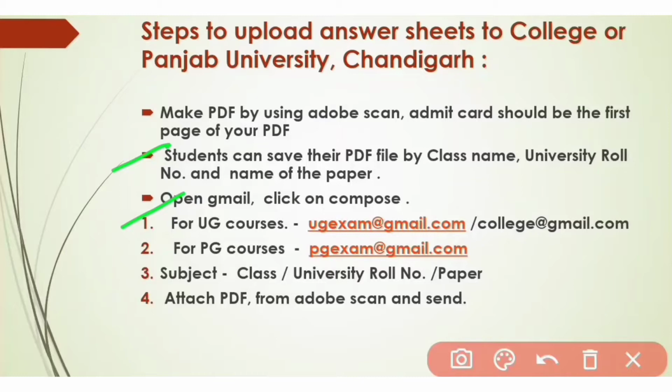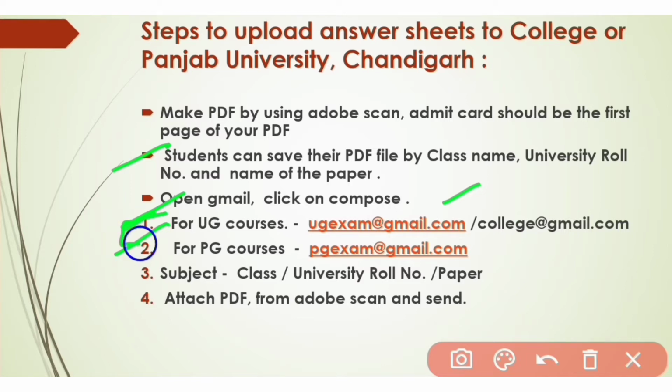Then open Gmail, click on Compose. Dear students, Punjab University Chandigarh gave us two Gmail addresses. First is for post graduation courses and next is for undergraduation courses. For undergraduation courses, the Gmail is useexam@gmail.com, and for PG courses, pgexam@gmail.com.